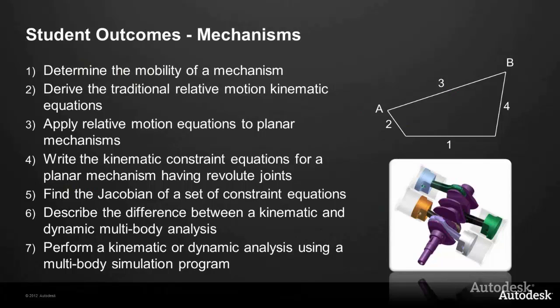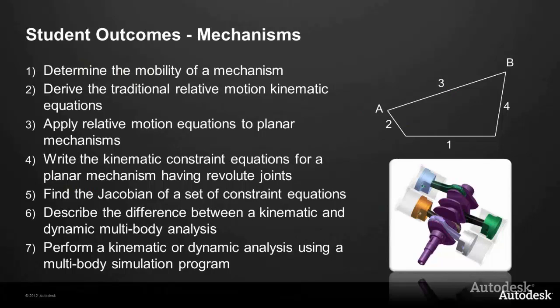They have to be able to write kinematic constraint equations for a planar mechanism that has revolute joints. They have to be able to find the Jacobian of a set of constraint equations. The Jacobian is a central item that's used in the solution of these equations, and the only way to really understand what the Jacobian is, is to take a set of constraint equations and find it.